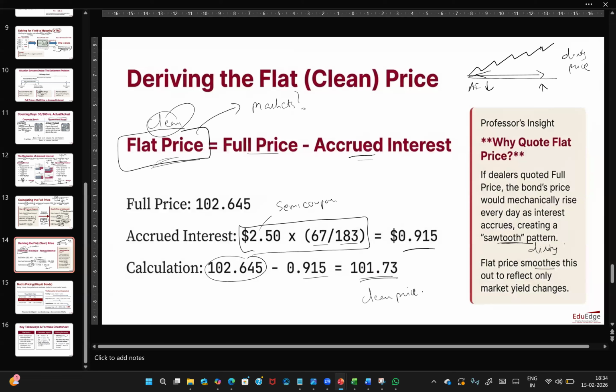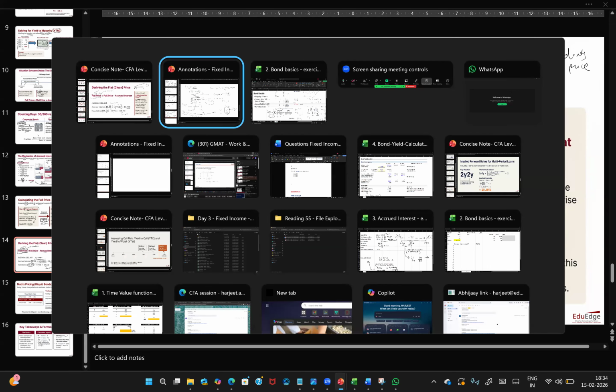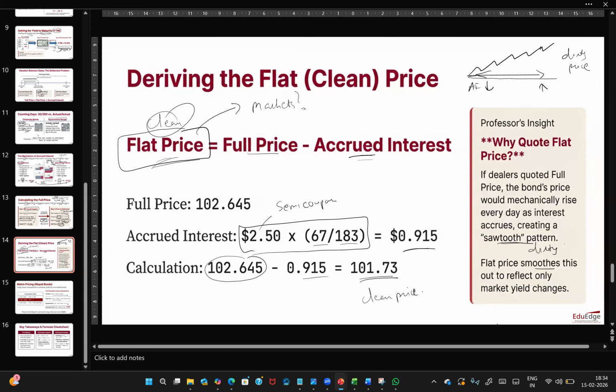Okay, and I think we are done for today. We will continue next. In the next session, I want to introduce accrued interest calculations on the Excel sheet, which we're going to do, and then we are going to move to interest rate, different types of yield calculation.